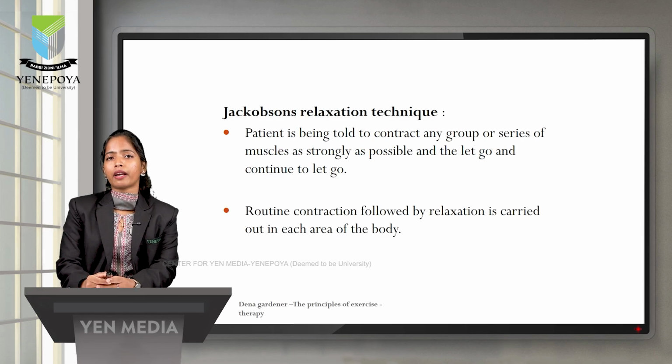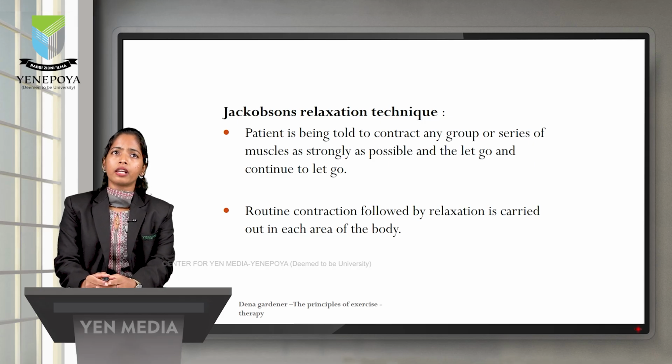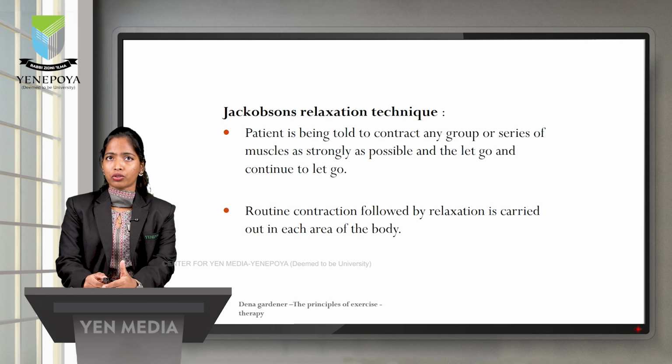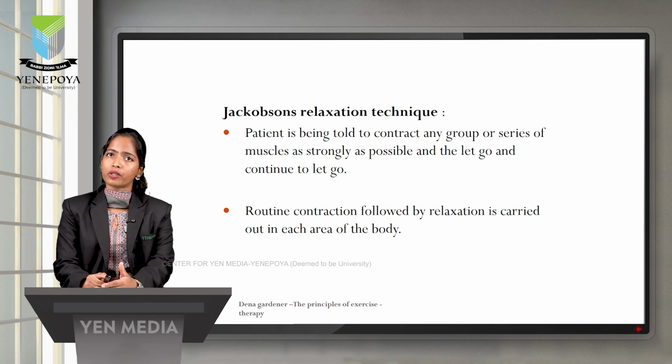So when it comes to relaxation techniques, there is an important one known as Jacobson's relaxation technique. In this, we ask the patient to contract any group or series of muscles as strongly as possible, and then ask them to let go and continue to let go.